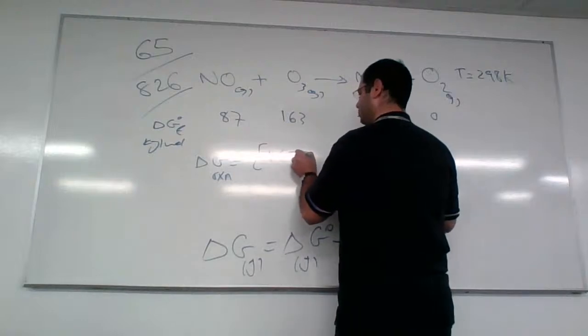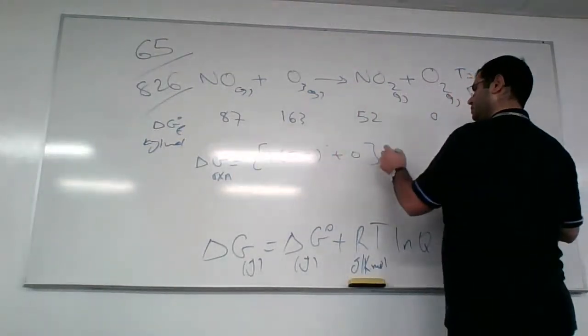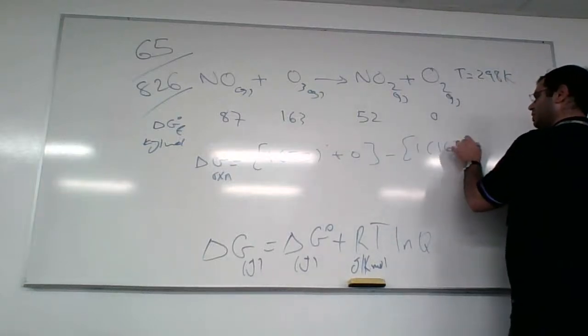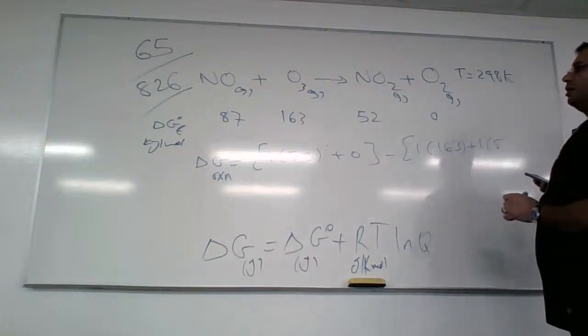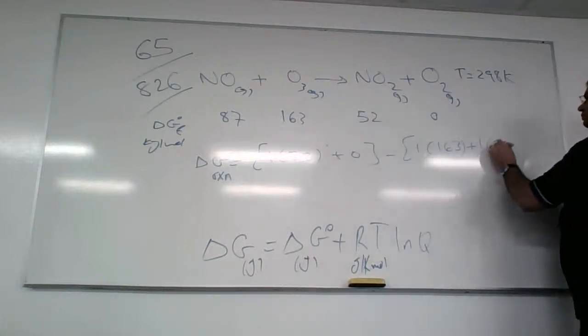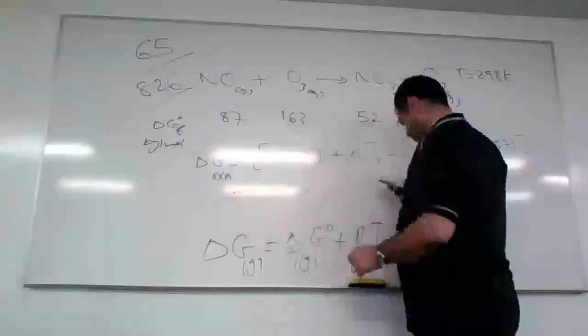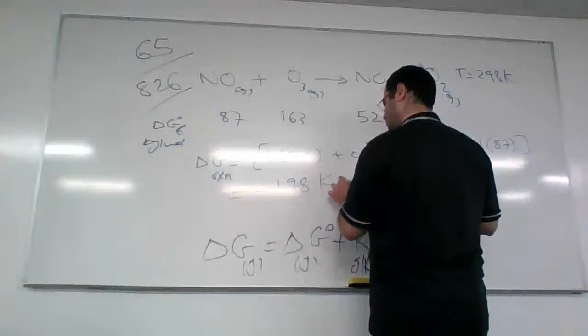It's 1 into 52 plus 0, minus 1 into 163 plus 1 into 87. That will enable you to calculate delta G naught. It's going to be the answer, as your friend suggested, in kilojoule.